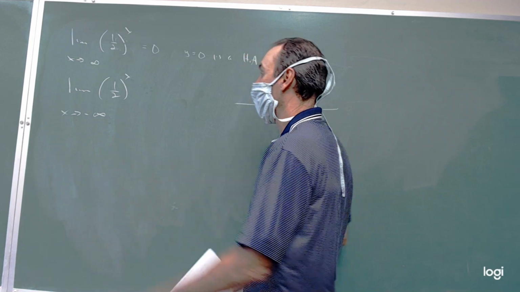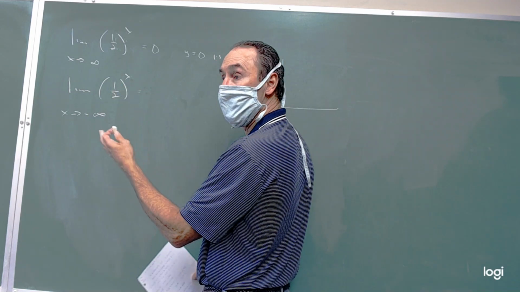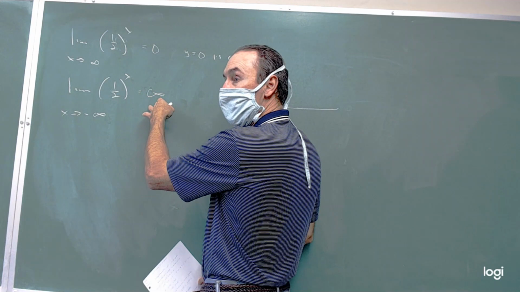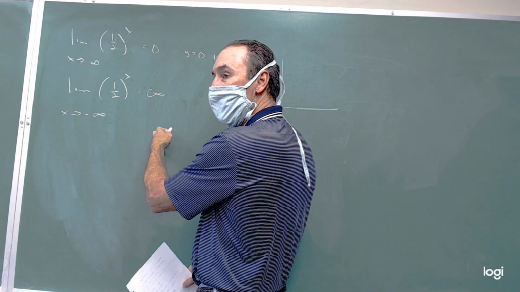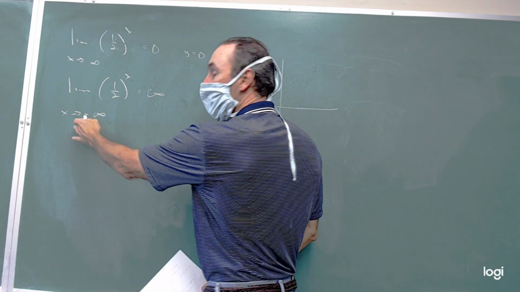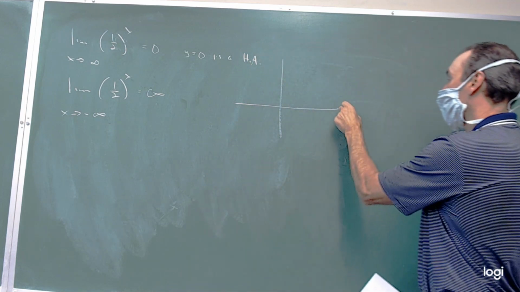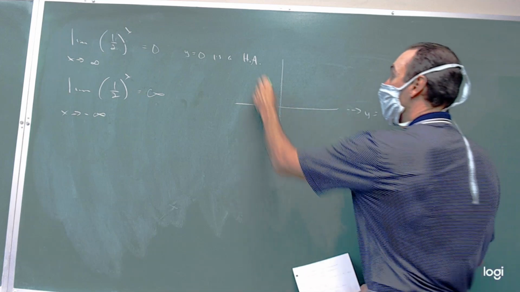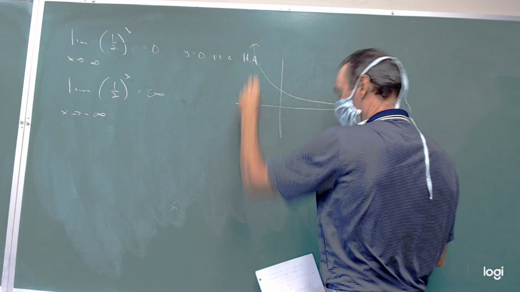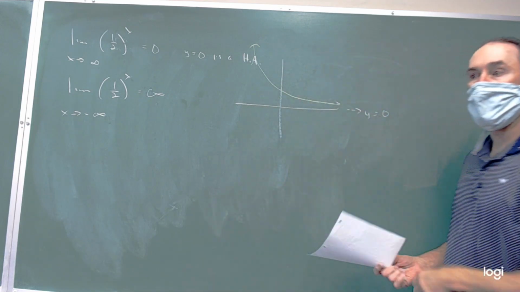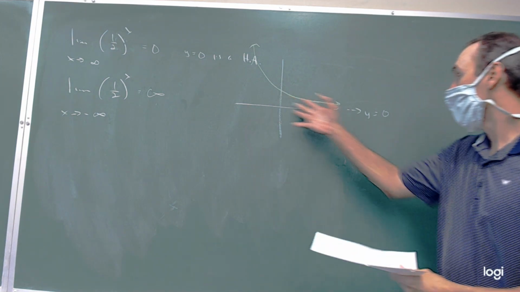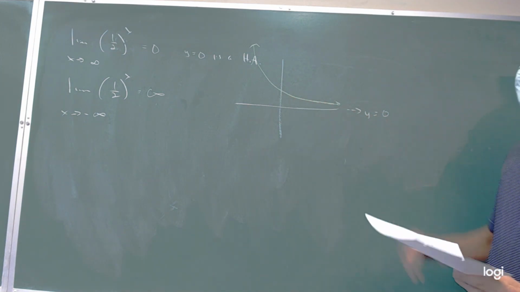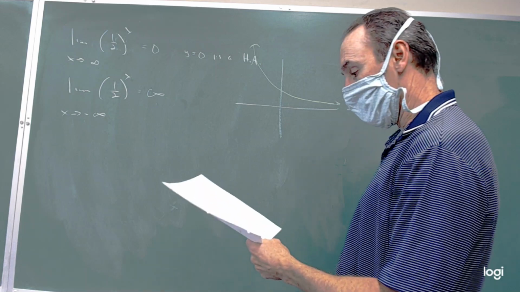And so we will say its limit is going to be infinity. And since that is not a finite number, this is not a horizontal asymptote to the left. So, okay, we got this horizontal asymptote. And of course, we know that 1/2 is going to be this decay curve. And so you can see that limit going out to positive infinity is going to be 0.